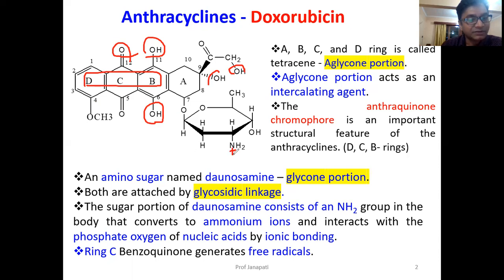At physiological pH, it becomes quaternary. This can bind through ionic bonding with the phosphate group present in the DNA molecule. This is how this drug interacts with the DNA molecule. So this is the basic structure we have discussed.